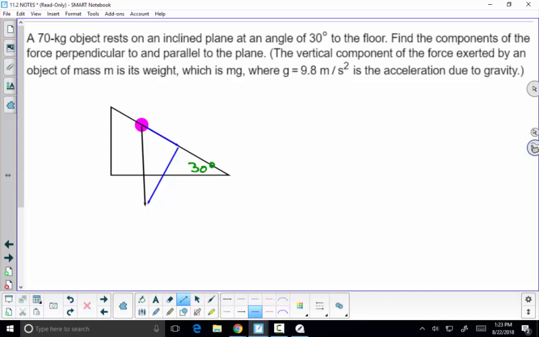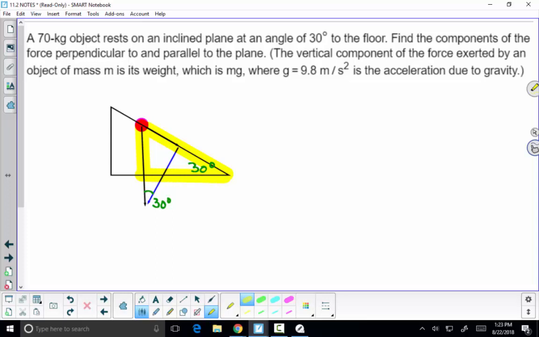So we form a right triangle here, and what you're going to notice, if you're really careful, is that this angle right in here is also 30 degrees. How would I know that? Well, let me outline another right triangle in here, and then I'll take it off. So there's a right triangle.